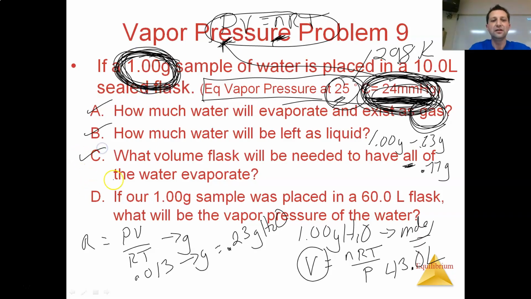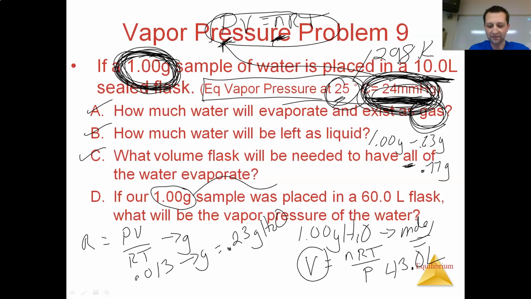Last question, if our 1 gram sample was placed in a 60-liter flask, what will be the vapor pressure of the water? So in this case, we're definitely running out of room here. I know how many moles this is, right?